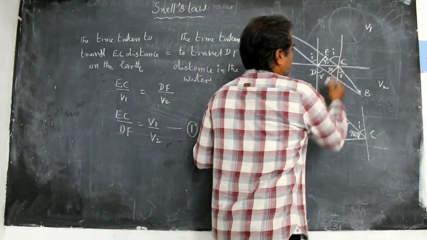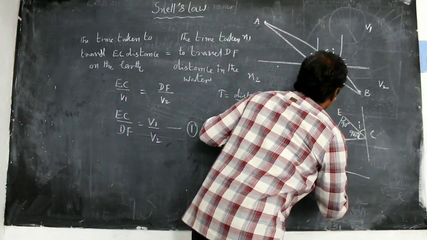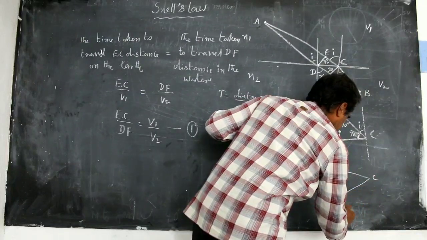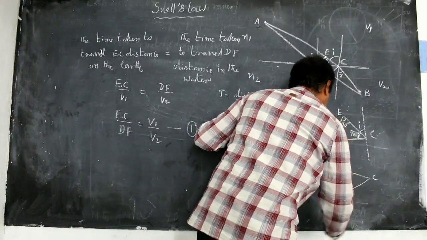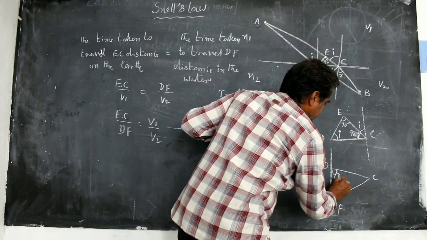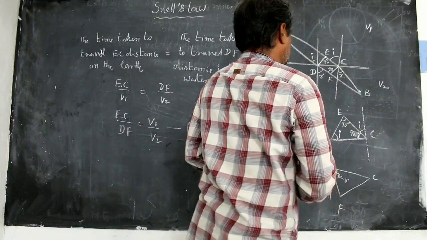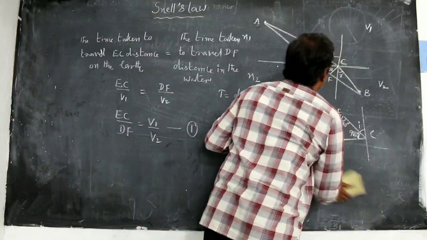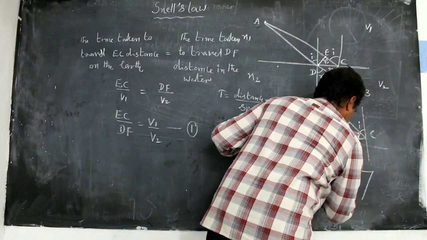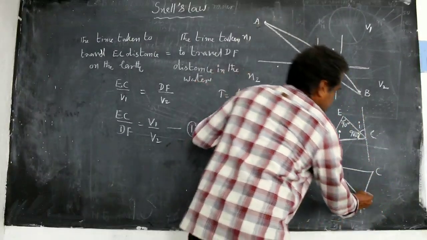Again, we draw the triangle DCF. Here also one normal is there. This is 90 degrees.